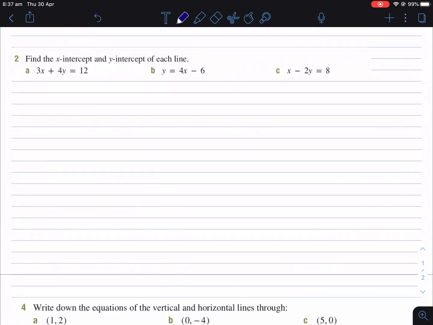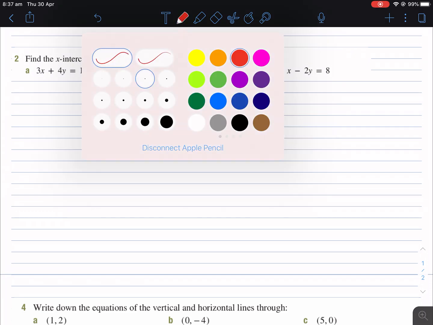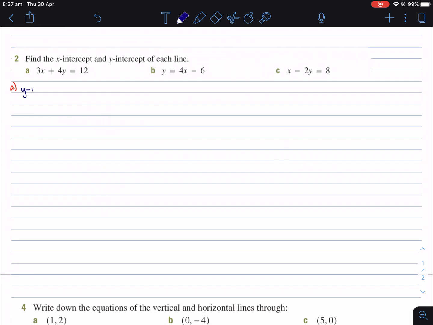So, question 2 asks us to find the x-intercept and y-intercept of each line. Now, we've drilled this into our heads so many times in chapter 3. The x-intercept, y equals 0, y-intercept, x equals 0. So, let's do it. Let's find the y-intercept first. So x equals 0.